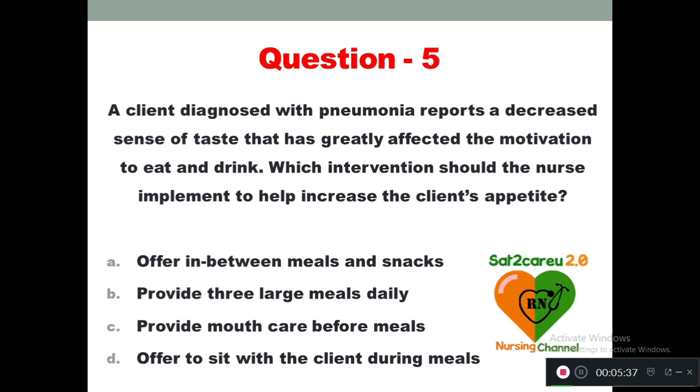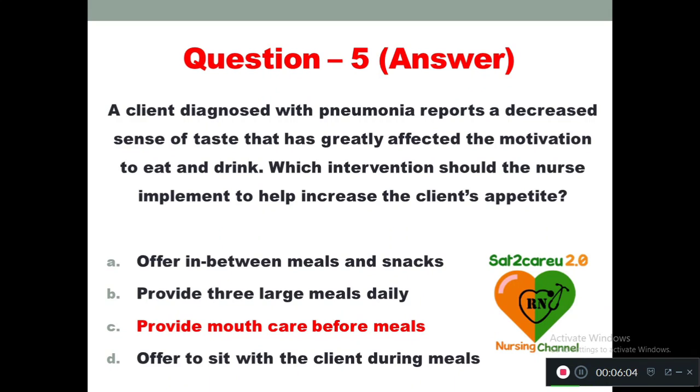So here the client has pneumonia, and because of this the client's taste sensation has decreased, and this motivated the client not to eat and drink. Which intervention will the nurse implement to increase the client's appetite? The right answer is option C, provide mouth care before meals.